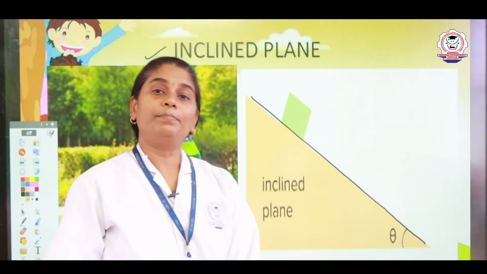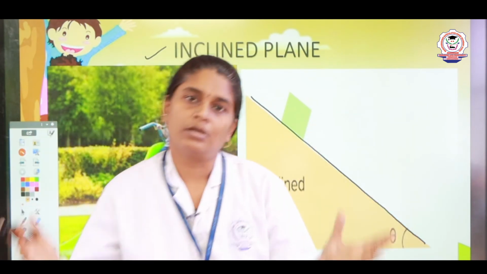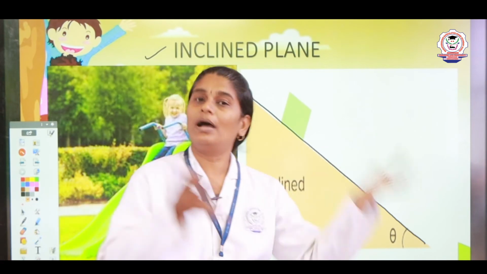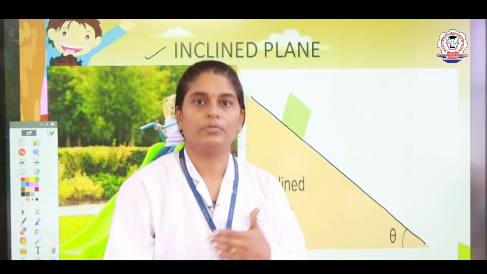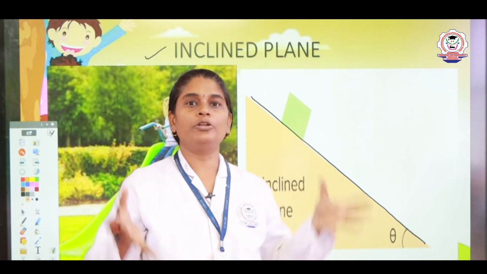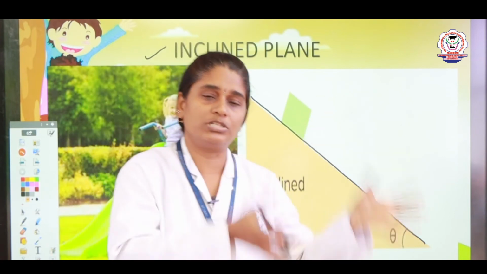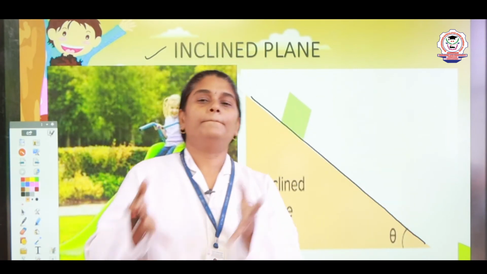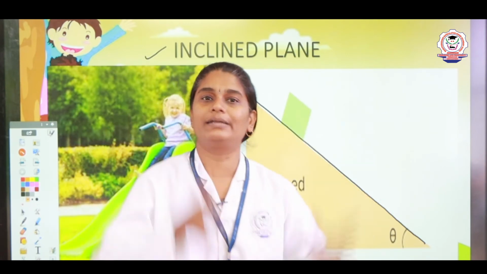So, what is the use of inclined plane? The inclined plane helps to move heavy loads from one place to another place. For example, if you are going to shift your home, if you want to lift all your things which are present in your home, for example, your television, washing machine, bed, bureaus, how will you lift them into the truck?